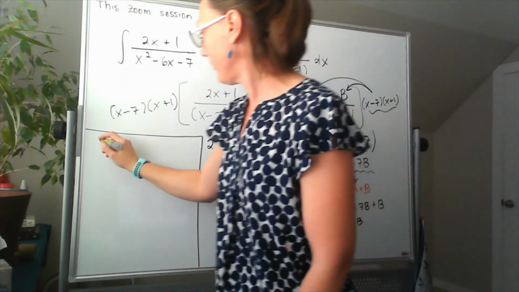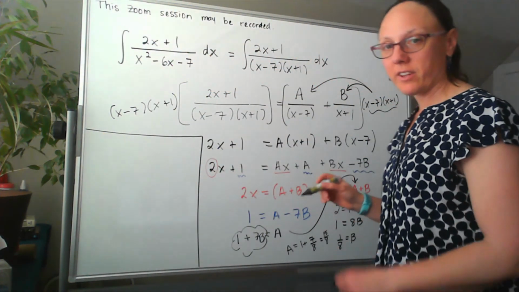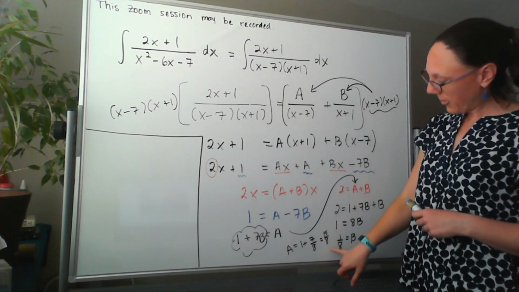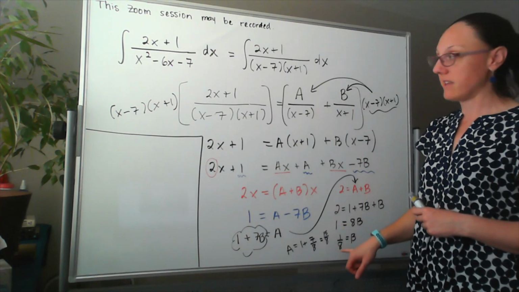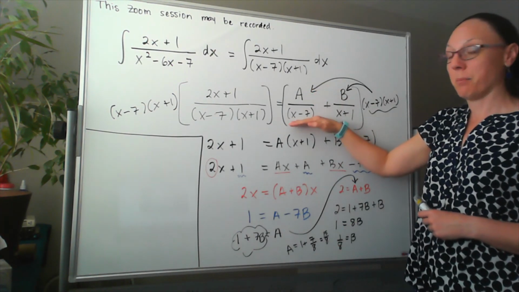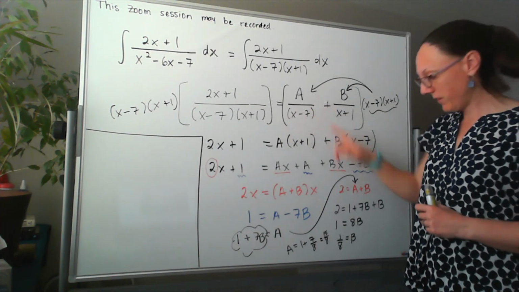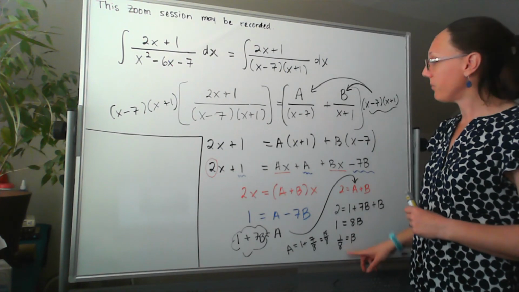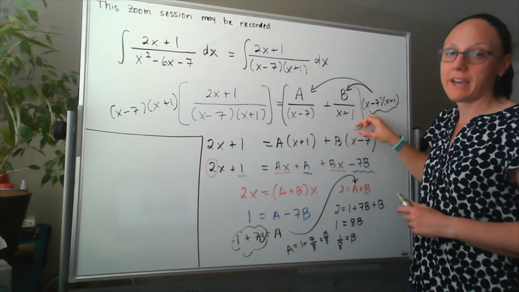And the calculus part says that a value of 15/8 belongs in the numerator of a fraction above the x minus 7 term. And that value of 1/8 for b belongs in this fraction above the x plus 1 term.